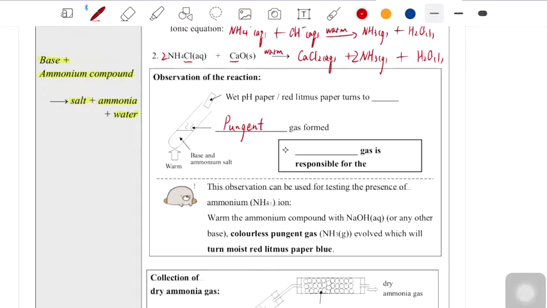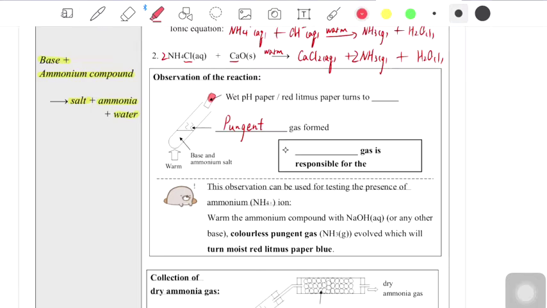For some reactions, if we use a wet red litmus paper, when the gas meets the wet red litmus paper, because ammonia has alkaline property when it dissolves in water, it will turn the red litmus paper blue.